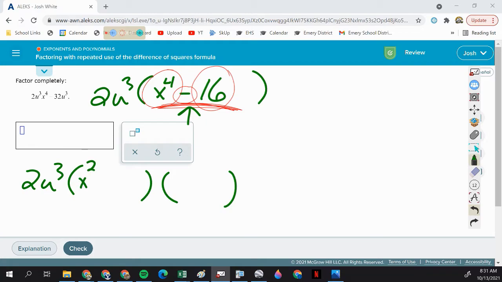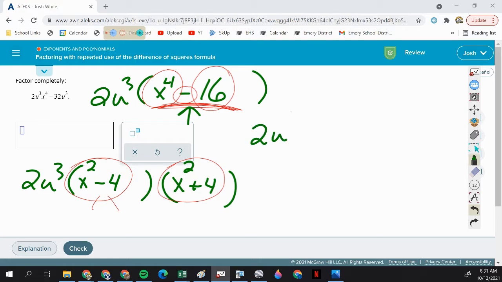X squared minus 4 and x squared plus 4. Now what? This one factors again. What about this one? No, only the minus. So that one's going to break down into its conjugate pairs.